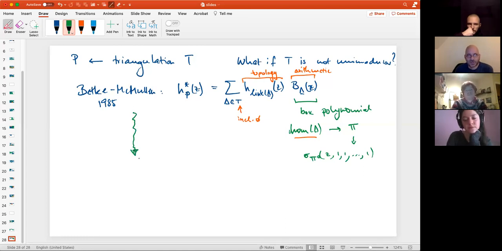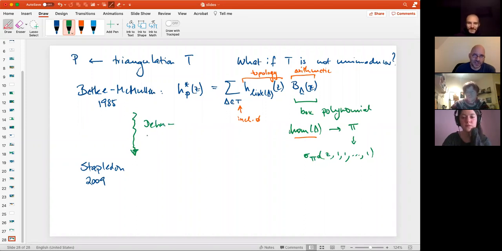It's one of those things that was way ahead of its time. Until 2009, this is the same Stapledon paper that I mentioned earlier, Stapledon realized that you can use this for something very pretty. And the green arrow is a philosophical arrow, and the philosophy is what's behind the Dehn-Sommerville equations.